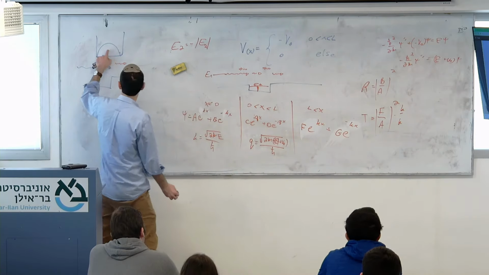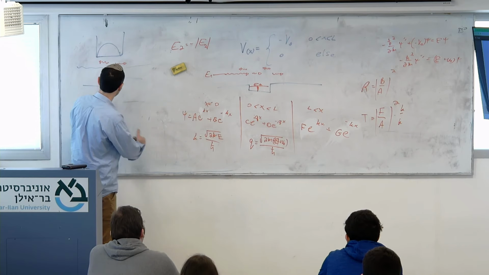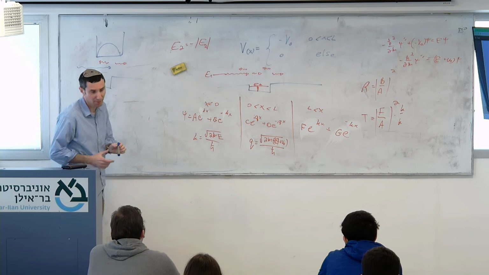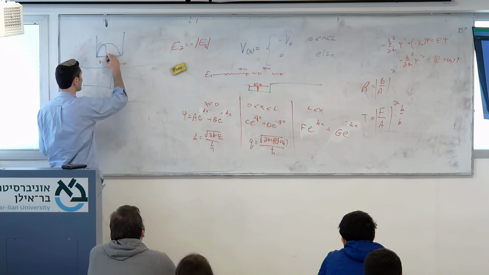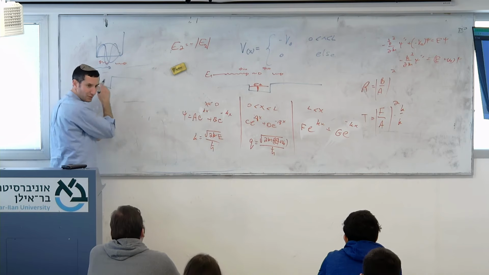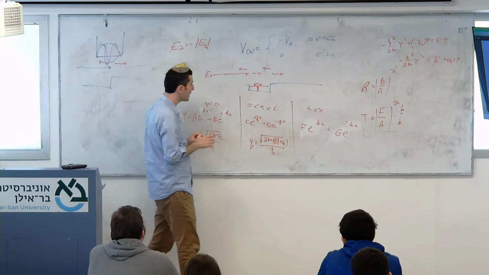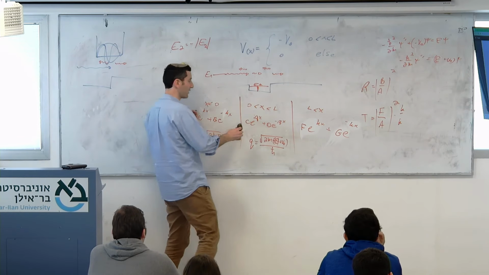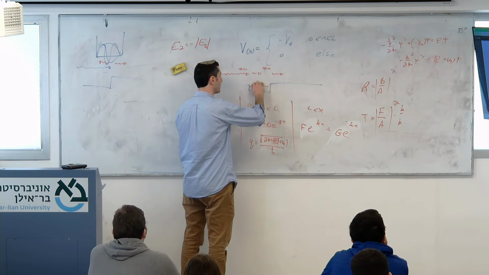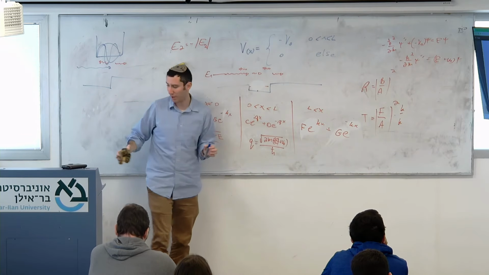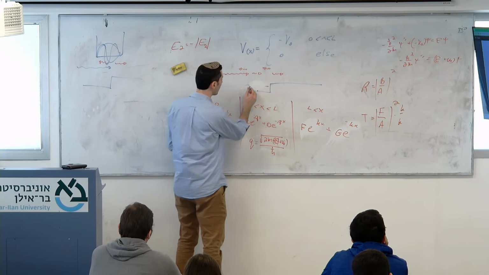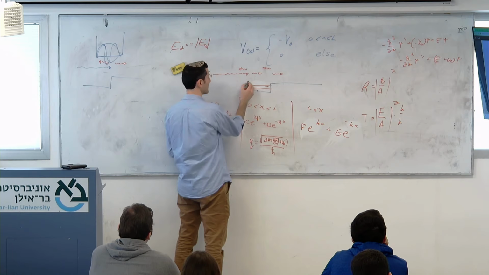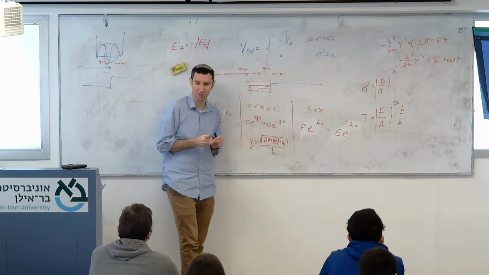Now here, we saw that you could have many bound states. You could have this one, and you could have this one. You can have an infinite amount of those, right? Here, we're going to get a quantization, and this is what we're going to learn about today. We're going to see that maybe we have one energy possible, another energy possible, and the third one is going to be already a free particle.